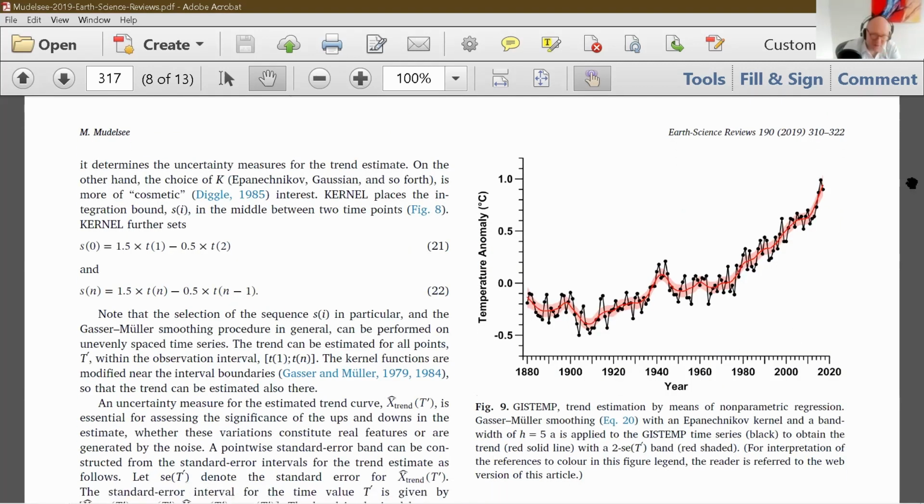Okay, then we see the same data, but now fitted with the kernel, non-parametric trend. And yes, indeed, there were warmer years at around the Second World War, and then it decreased. But then, of course, you know that the data quality may be reduced in that time interval. It has something to do with how sea surface temperature was measured on ships. US ships, British ships, war years, evidently.